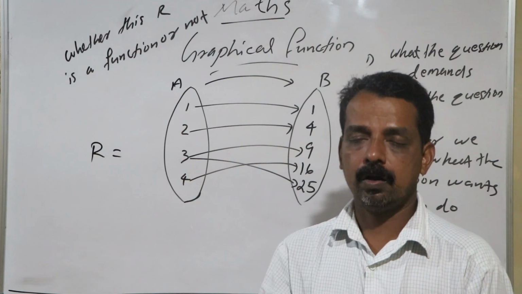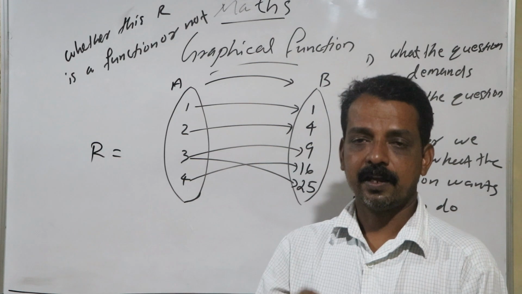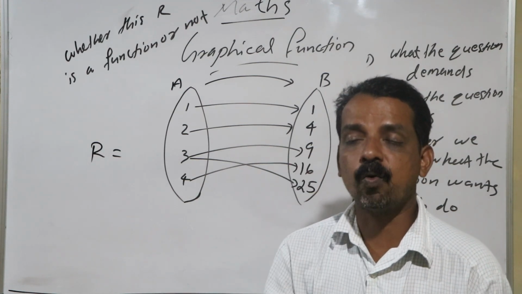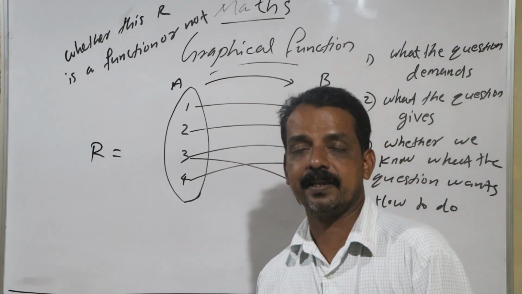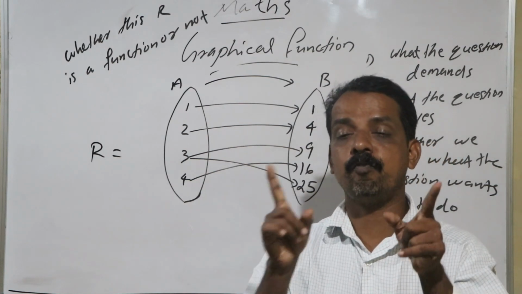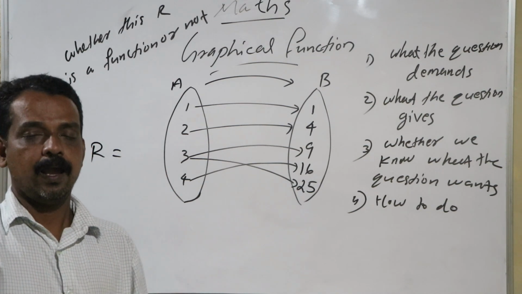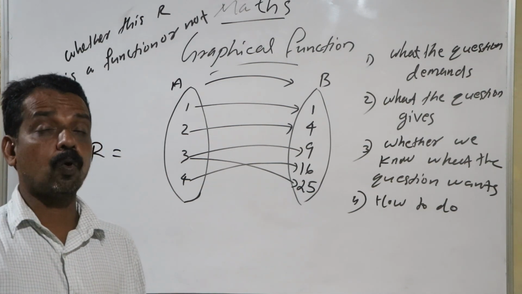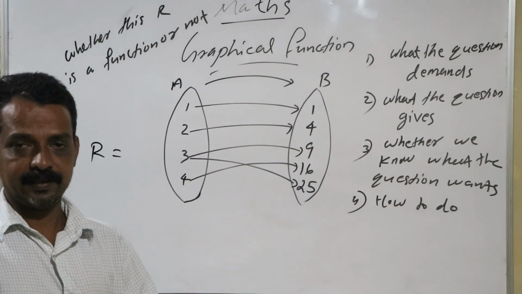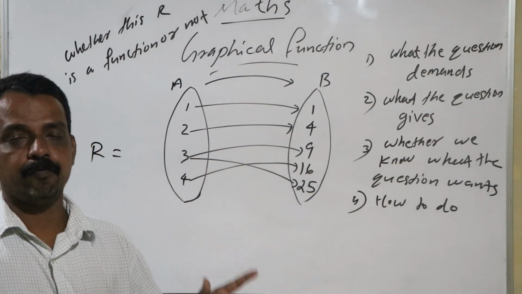We know that if all elements in set A have one and only one image in set B, then the relation from A to B is a function.